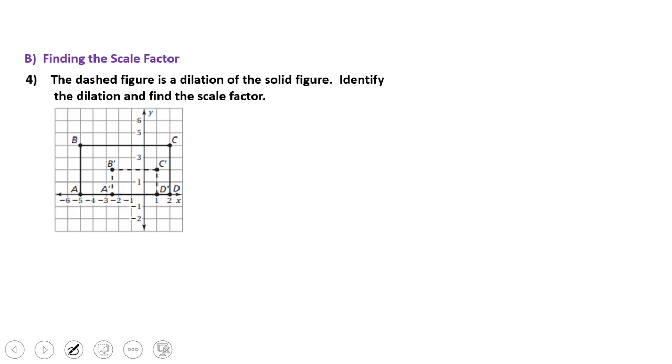So I'm actually going to identify the dilation right away because I recognize that the dashed figure is smaller than the solid figure, which means that our dilation is a reduction because it's smaller.